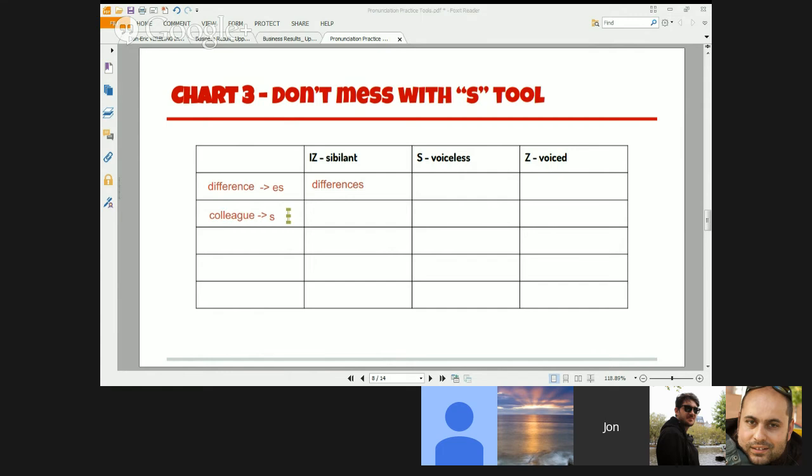First, second, or third? Colleagues. Which? The first one? No, that would be colleagues. Not the first.